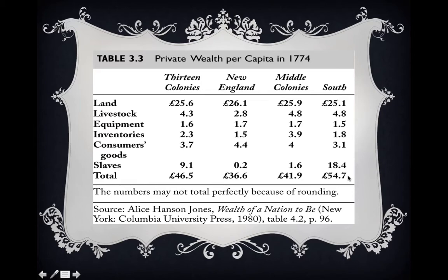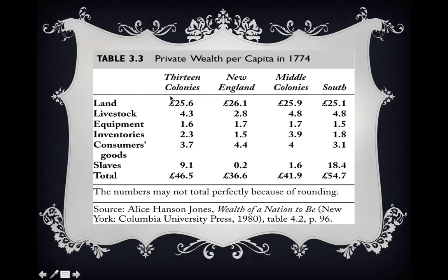But the interesting thing to take a look at in this composition of wealth is how pretty much consistent the composition of wealth is across the different colonies except for slaves. So if we take a look at, for example, land, we can see that the importance of land is relatively the same across all 13 colonies and then the individual sections, New England, middle colonies, and the South.